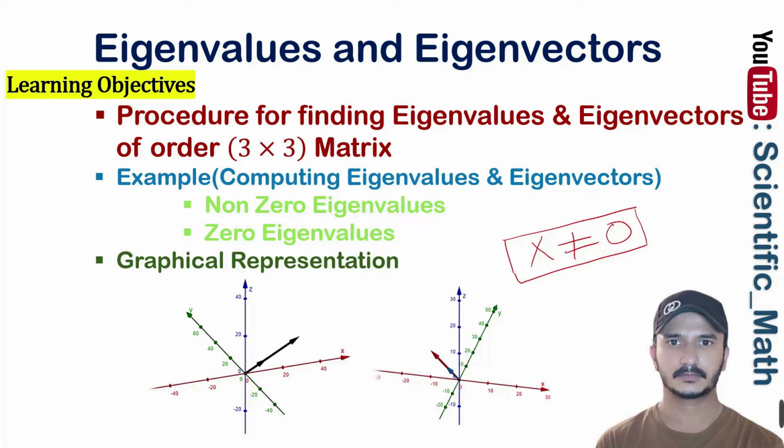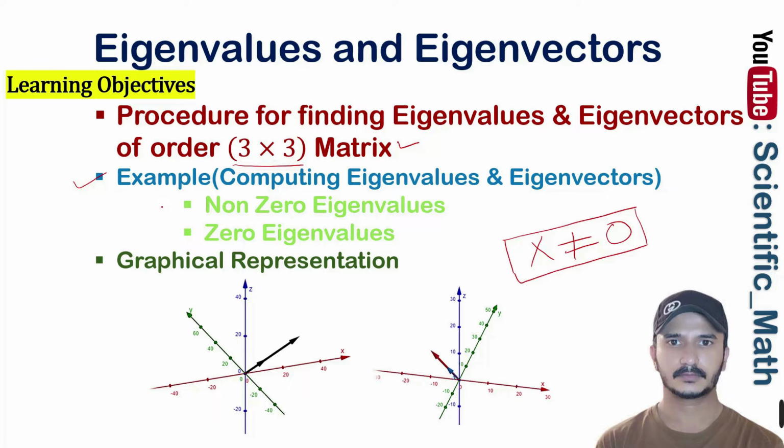In this lecture we study the procedure for finding the eigenvalues and eigenvectors of a 3 cross 3 matrix, and we solve an example in which we find the eigenvalues and eigenvectors of a matrix of order 3 cross 3.